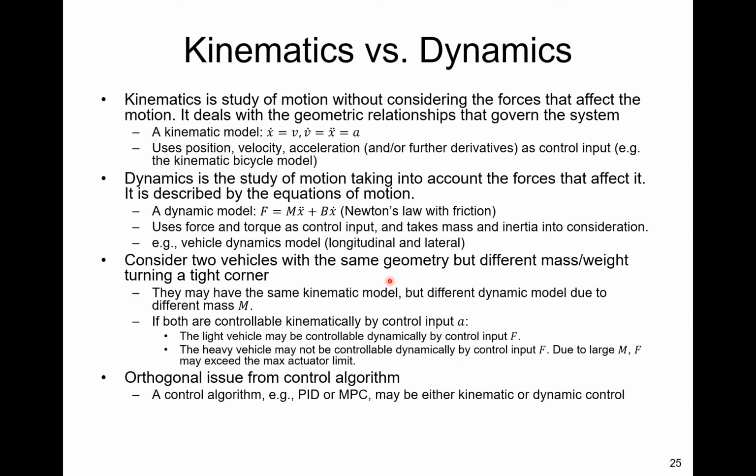The light vehicle may be controllable dynamically, whereas the heavy vehicle may not be. Due to the large mass, F may exceed the max actuator limit. So a small vehicle may turn a sharp corner easily, whereas a large truck may not be able to turn a sharp corner due to the larger mass and larger inertia.